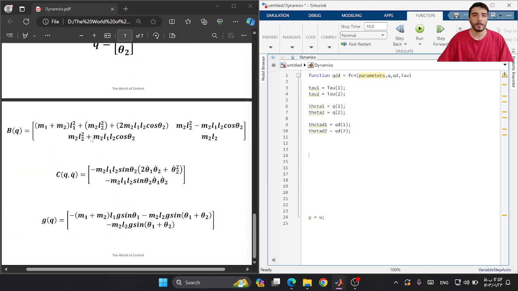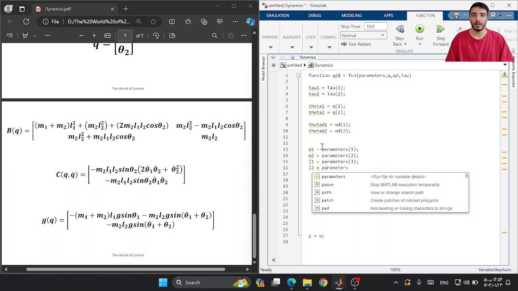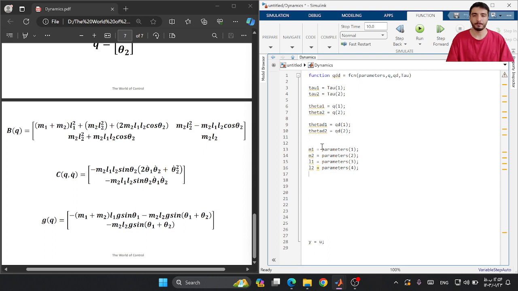So we can extract the parameters, also our constant parameters: m1 as the mass of the first link is parameters 1, m2 is parameters 2, L1 is parameters 3, L2 is parameters 4, and that's it.